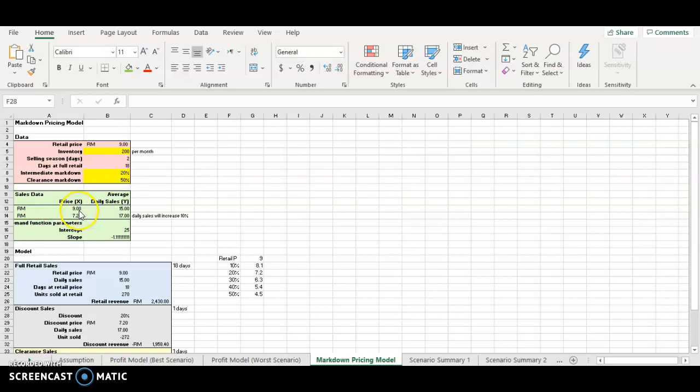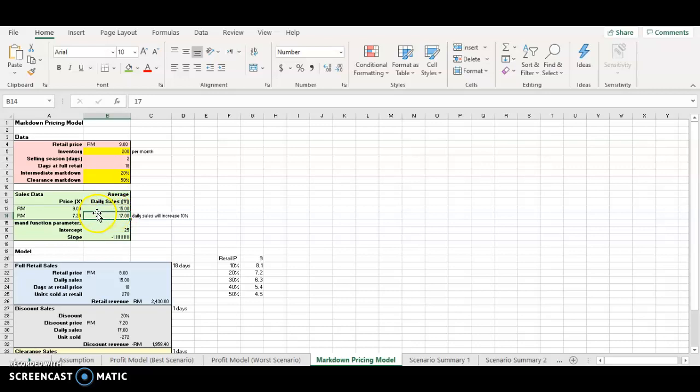This is the sales data. The price is 9 ringgit and 7 ringgit and 20 cent. The 7 ringgit and 20 cent, I get this when the 9 ringgit, the retail price, being charged with the intermediate markdown, then the unit that I can produce daily will be increased by 10%.